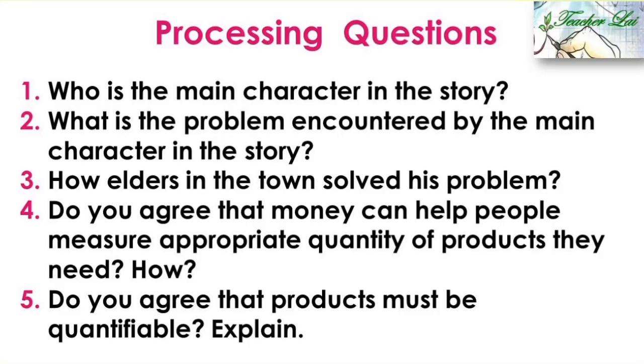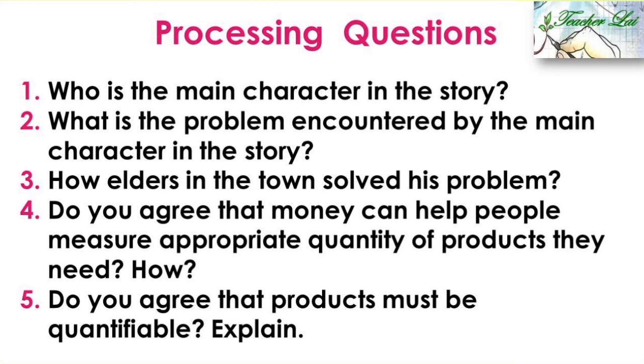So please, answer these processing questions on a clean sheet of paper. Listen attentively. Number 1. Who is the main character in the story? Number 2. What is the problem encountered by the main character in the story? Number 3. How did the elders in the town solve his problem?